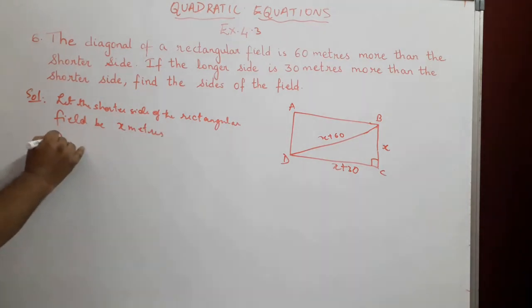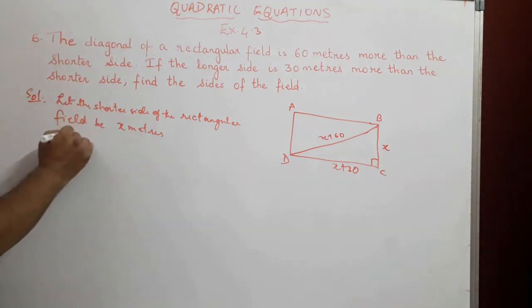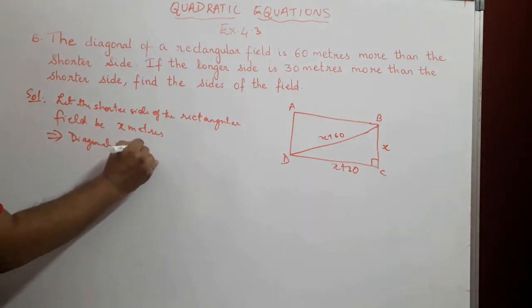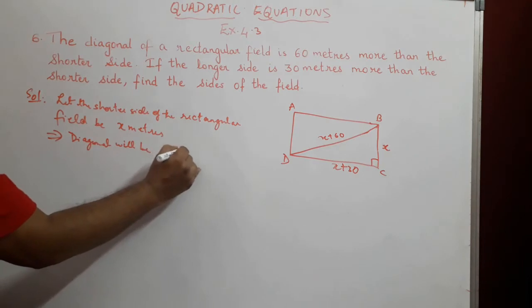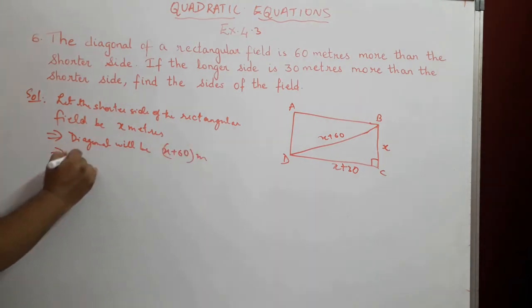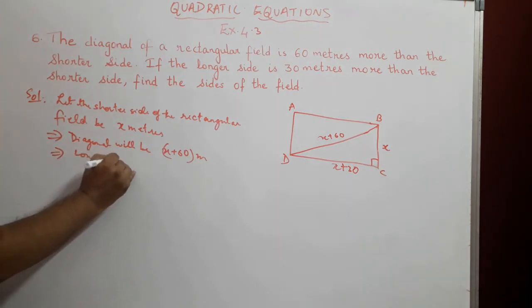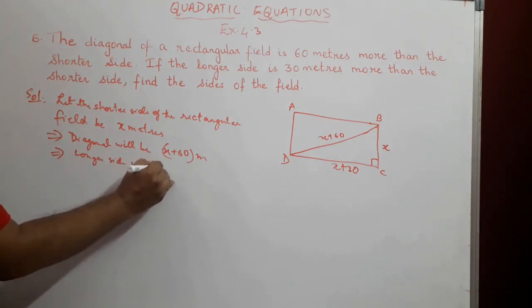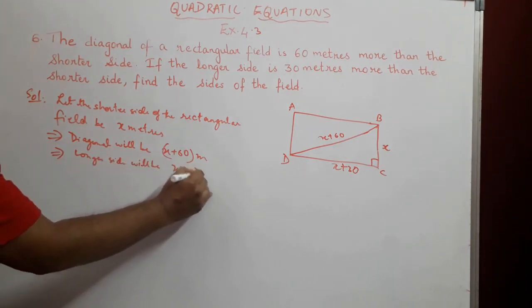So this implies that as per the problem, the diagonal will be X plus 60 meters, and also the longer side will be X plus 30 meters.